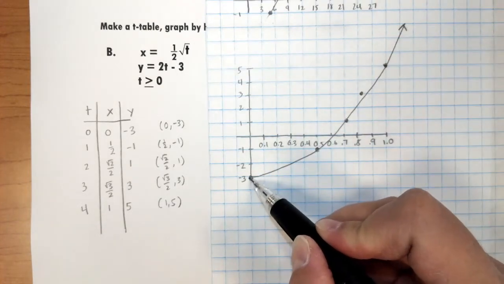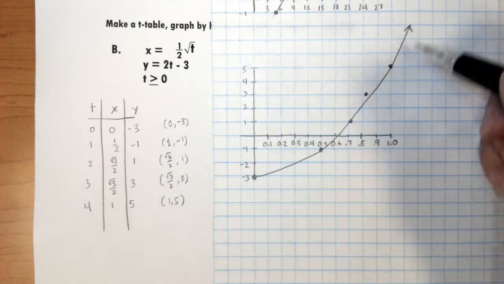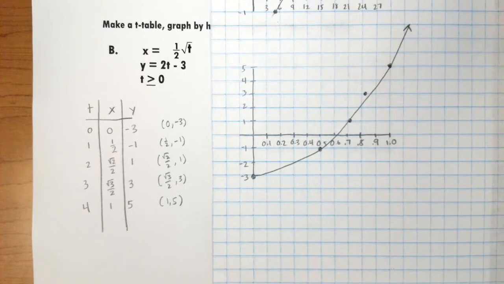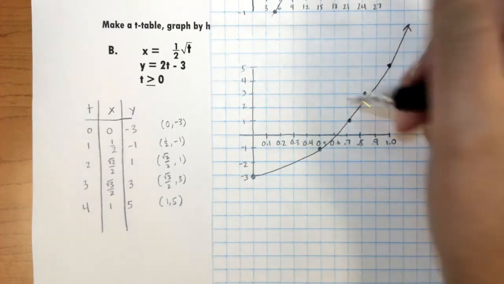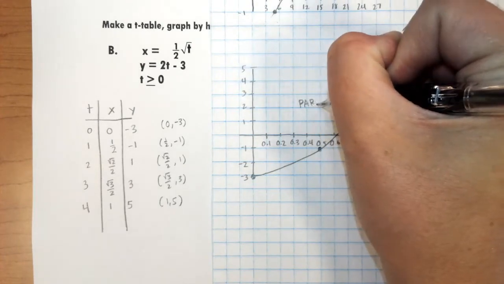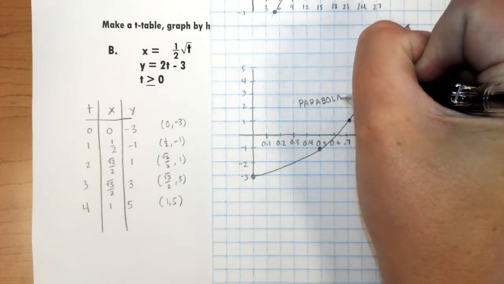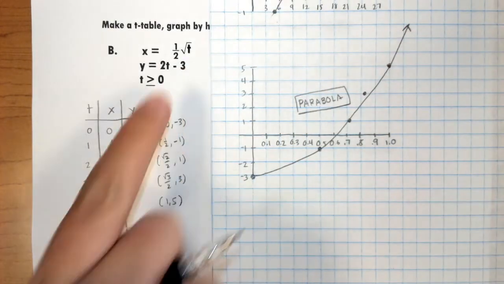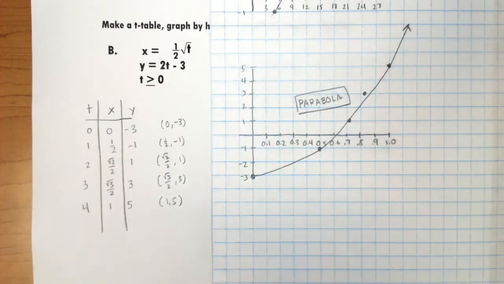We don't go any more to the left, but we will draw an arrow going up to infinity in the positive x direction. Okay, so maybe kind of hard to see, but this is a parabola. Now, if we had picked perfect squares of t to plug in and then graphed those, we might have been able to see the curve a little nicer, but that's another way to do it.